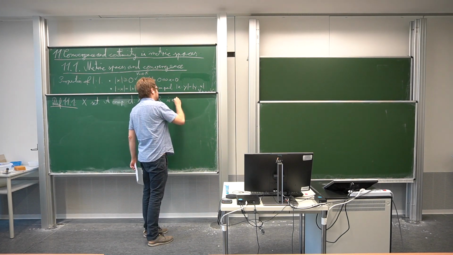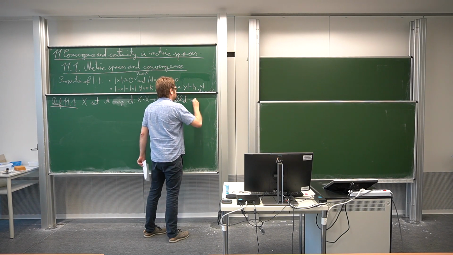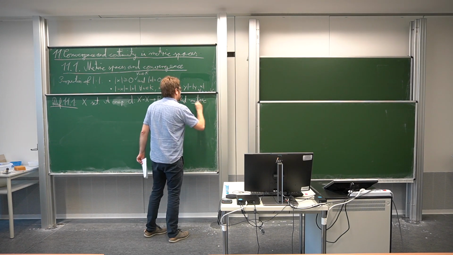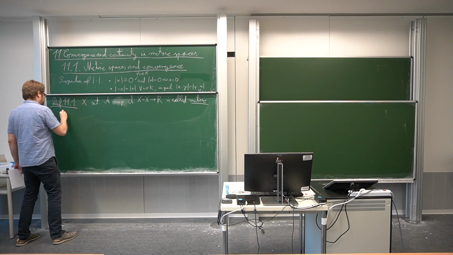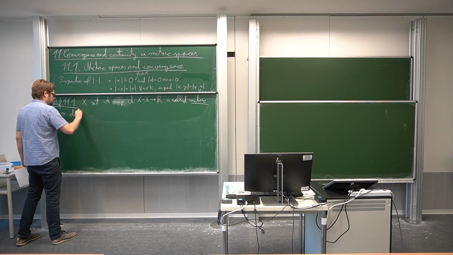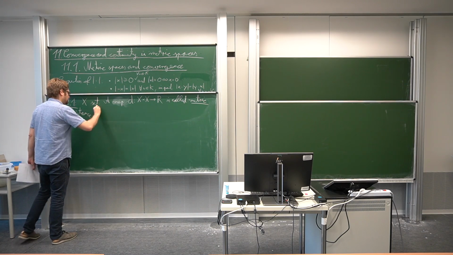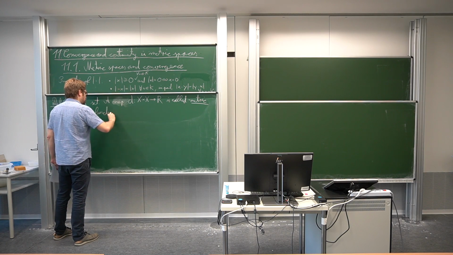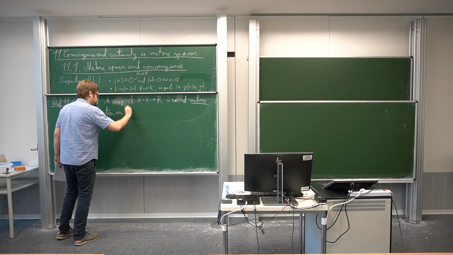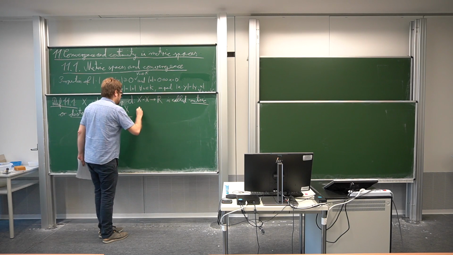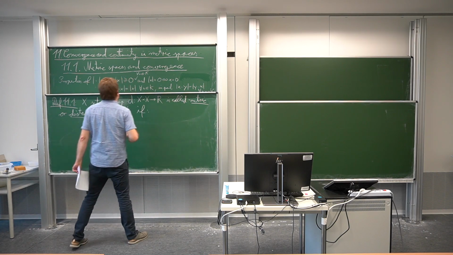Such a map is called a metric on X or distance function on X if it has the following properties.